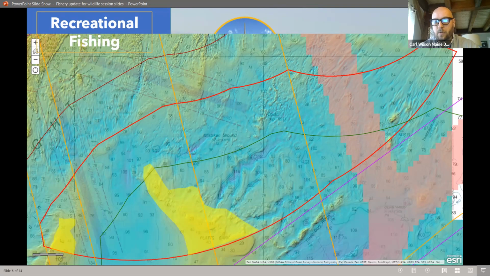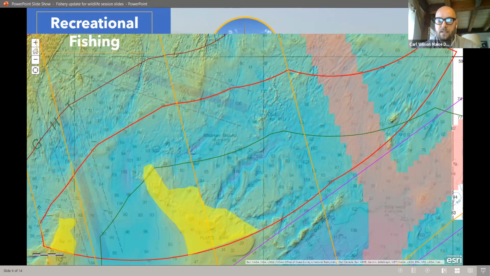Structure is very important. Platts Bank was identified as one of the last remaining places for reliable ground fishing for recreational vessels. But really anywhere that you see promontories sticking up out of the seafloor or edges seems to be an important part of recreational fishing activity.